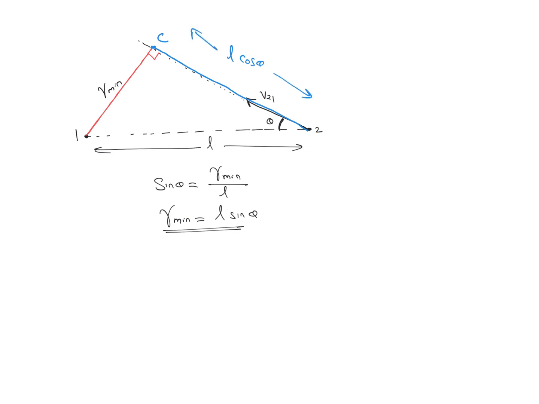So we can find out the time taken to attain this minimum distance. That will be equal to distance, which is L cos theta, divided by velocity, which is v21. So for the calculation purpose, we should know the value of cos theta over here. Let's see how to find out the value of this cos theta.